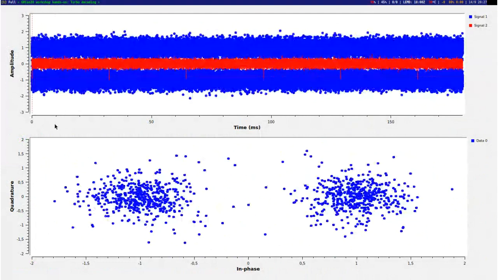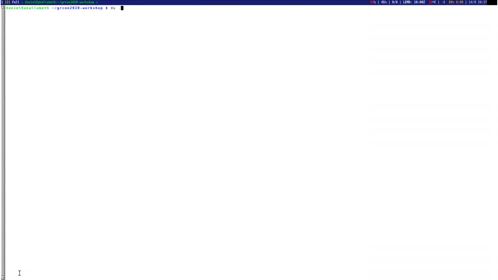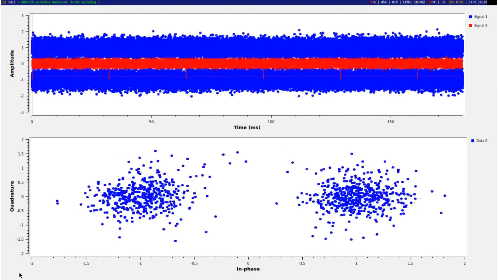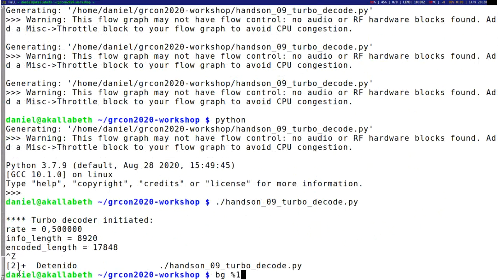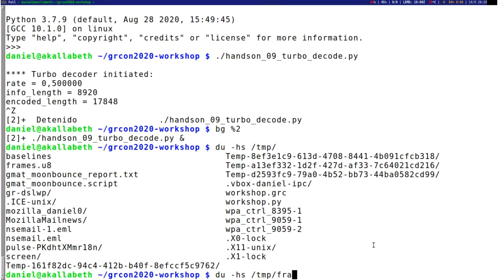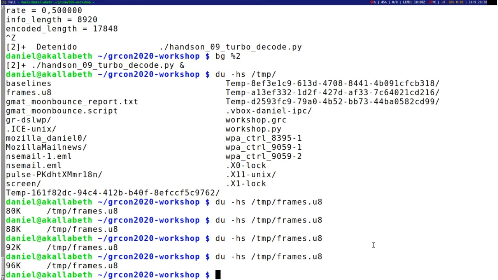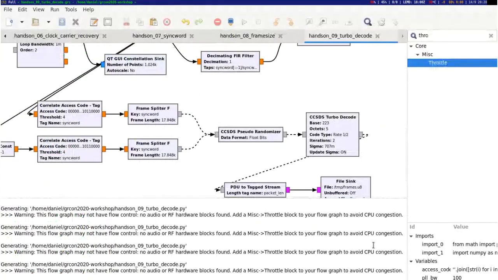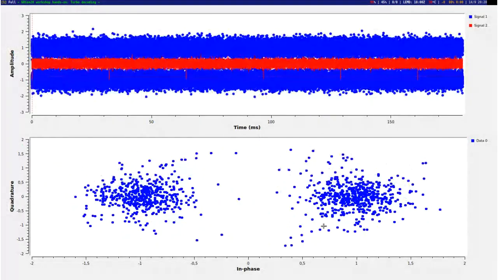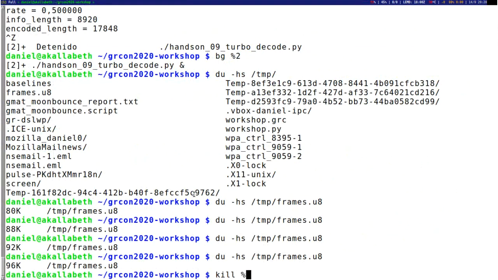We get again the decoder GUI. If we check upon our frames.u8, we can see its size growing as the turbo decoder processes more and more frames. So let's close this and stop this. Let's see my jobs.